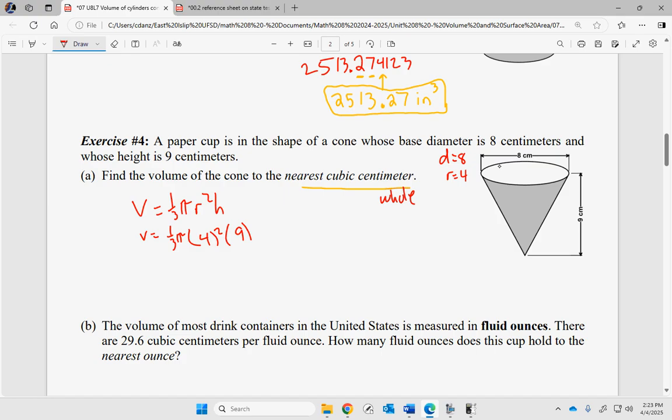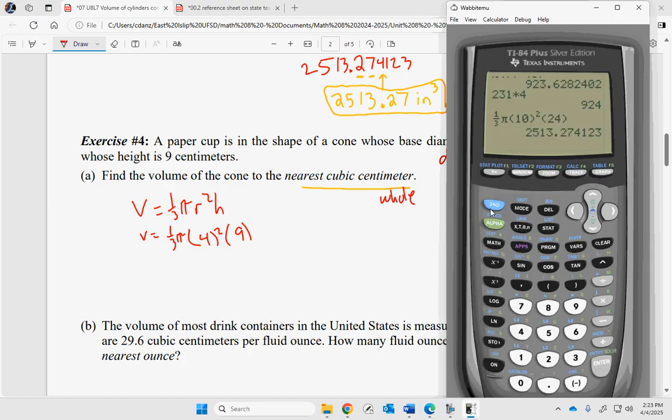And then just use your calculator carefully. You do it too, because you know I make mistakes.